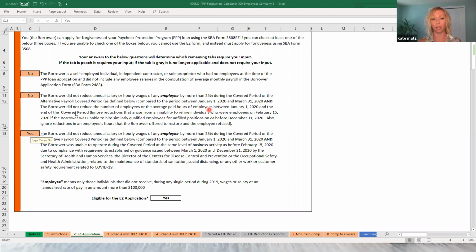If you did reduce the number of employees or the average paid hours of those employees, say the number of people working for you is the same, but instead of working 30 hours a week, now they're only working 20 hours a week, unfortunately you get tripped up on average paid hours and you're not eligible under this criterion. Definitely go ahead and look at that number 3 though and see if you can tie that back to guidance issued by a government agency for social distancing, et cetera.